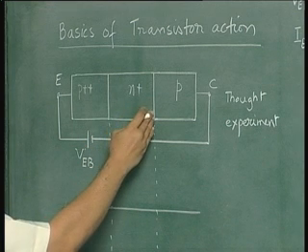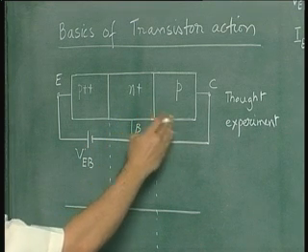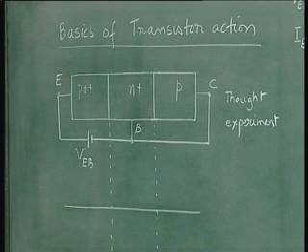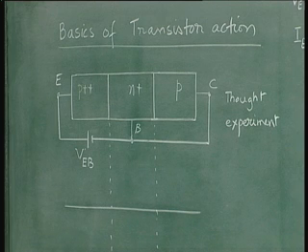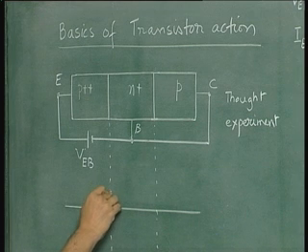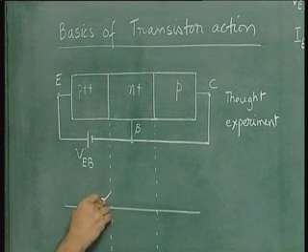So when this particular collector junction is very far away, for that condition we can show the excess carrier concentrations in the device for this biasing arrangement as follows. We are using the basic PN junction theory here. Since the emitter base junction is forward biased, we can show the excess carrier concentrations like this.